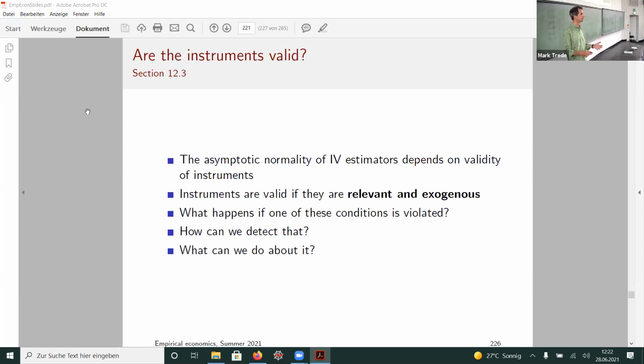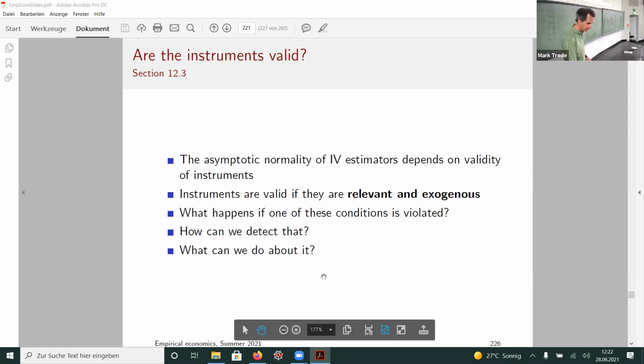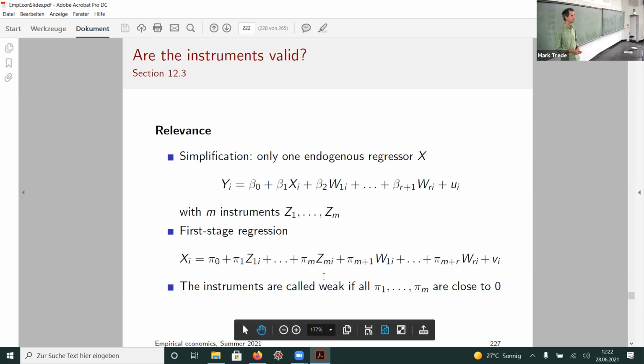Because we need some formal way, or hopefully some formal way, to find out whether there is a problem or not. And if there's a problem, how can we heal that? Is there any way to find a remedy to get a better estimation, to avoid those problems? So these are the three guiding questions that we should think about.